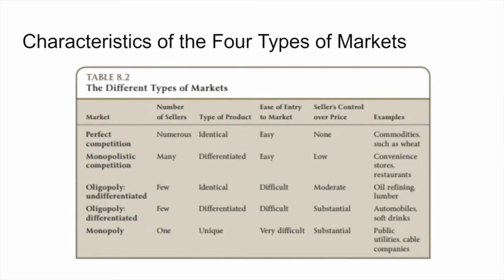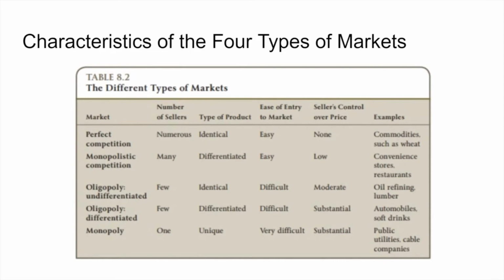The oligopoly tends to be broken down into two types, and really those two types mirror the perfectly competitive versus the monopolistic competitive. And that is an undifferentiated oligopoly, which sells exactly the same product. There are few sellers in oligopolies, hence there's only two or three, like the airlines.